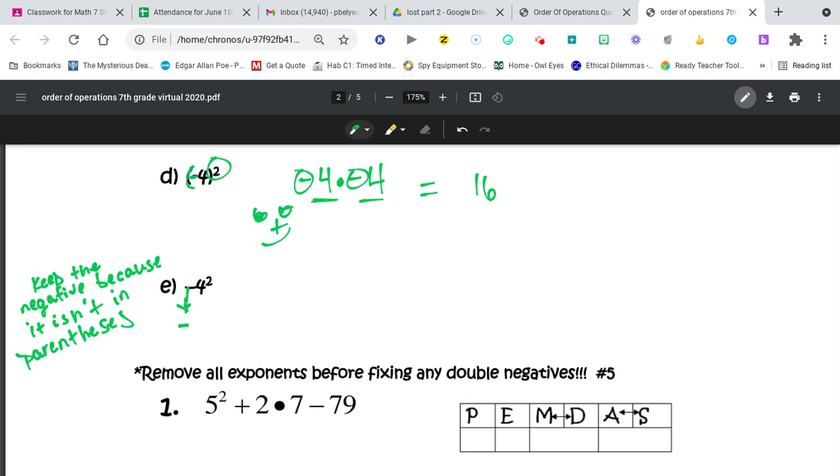So it doesn't go anywhere. Here, when you multiplied negative 4 times a negative 4, it ended up being positive 16. But on E, you got to keep the negative because it's not in parentheses. Basically, just bring it down. And then you do 4 times 4. So 4 times 4 is 16, and you keep this negative. It doesn't go anywhere. So basically, when the negative is not in parentheses, your answer is going to be negative.